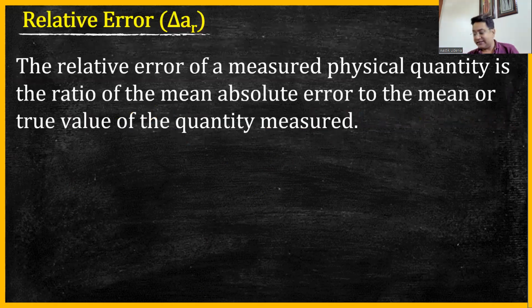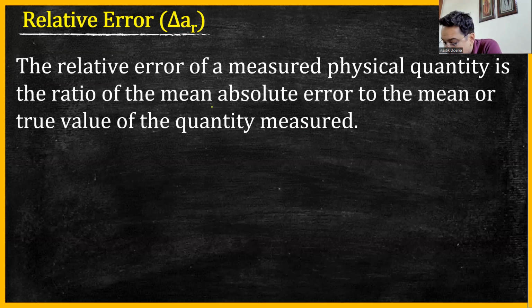The next one is relative error. What will you mean by relative error? The relative error is the ratio of the mean absolute error to the true value. The mean absolute error divided by the true value or the mean value is known as relative error.